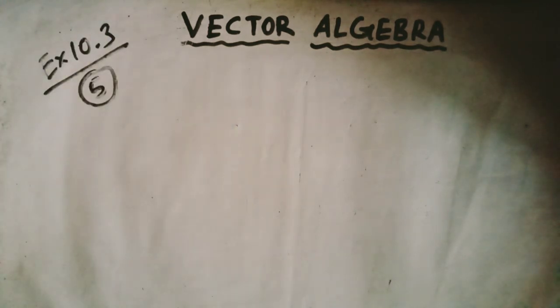Show that each of the given three vectors is a unit vector. Also show that they are mutually perpendicular to each other. So here you have to first show that they are unit vectors. Unit vector means you have to find out the magnitude, and that magnitude should be equal to 1.